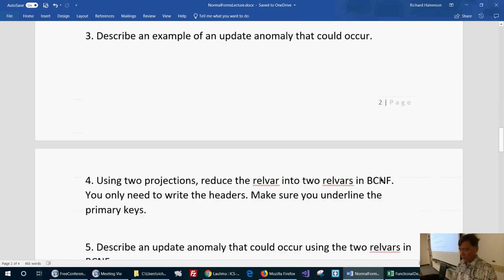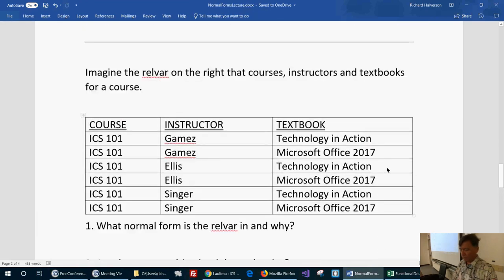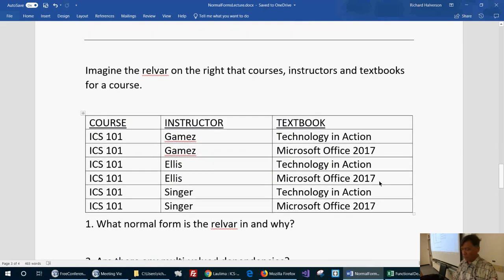So let's see an example of a multi-value dependency. How about this table here? Let's say we have this table. Forget about what multi-value dependencies you may know. It's over at KCC.